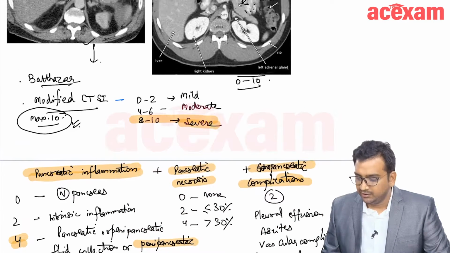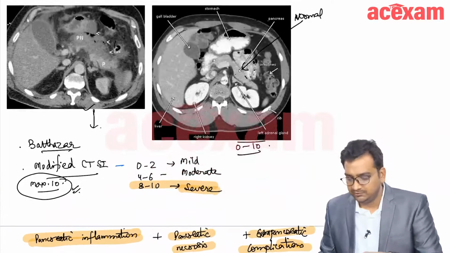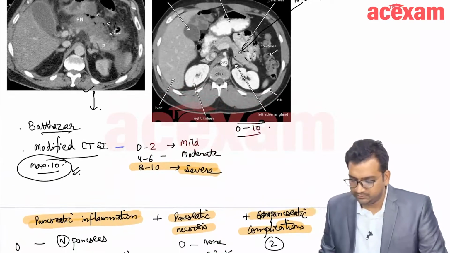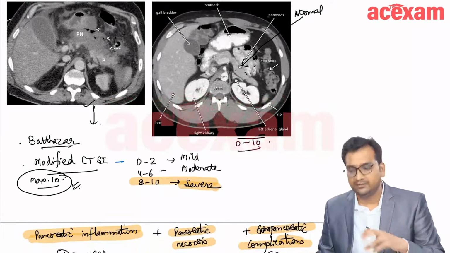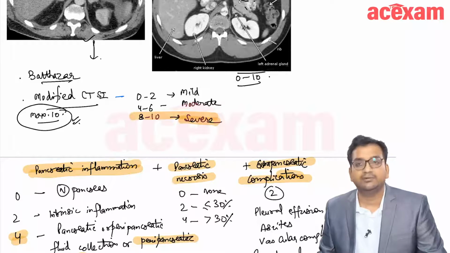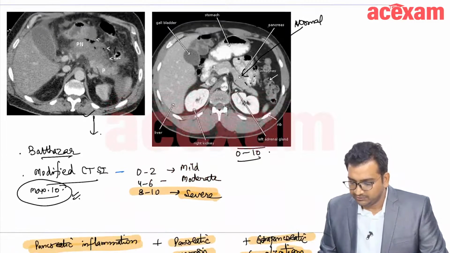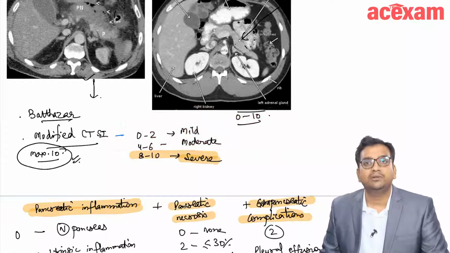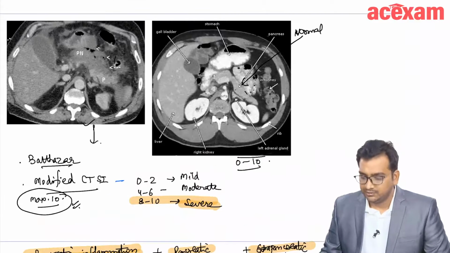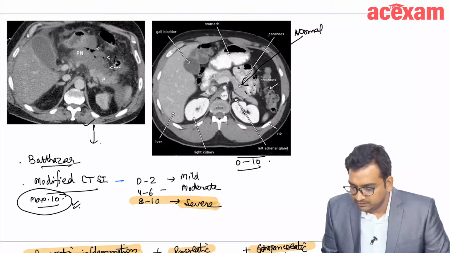Here, we cannot comment on extrapancreatic complication because we are having only a single picture. We don't know whether there is any pleural effusion, ascites or vascular complication. But we are sure that more than 30% of the pancreas is necrosed based on this area.